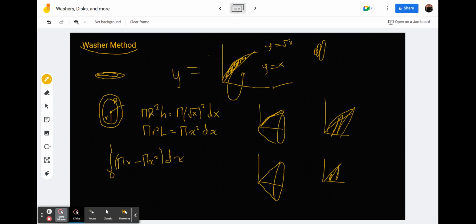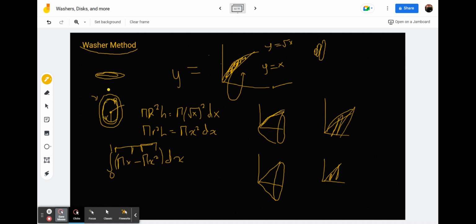Again, we need to understand how we got this integral. This right here is our outer radius. It's the bigger ring that you can see here. And in here, this is the smaller ring, the area of the smaller disk.